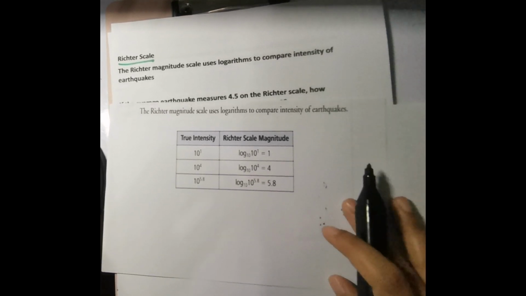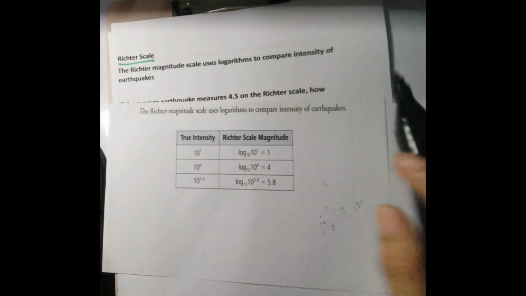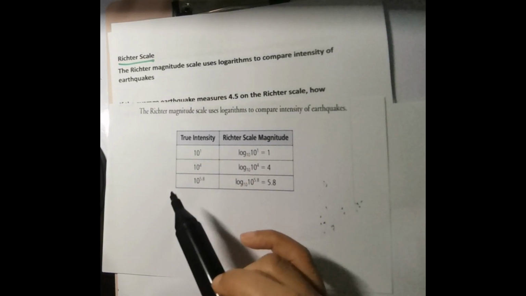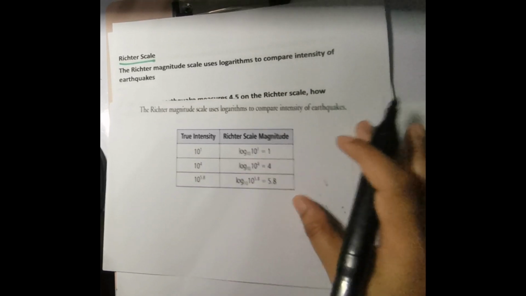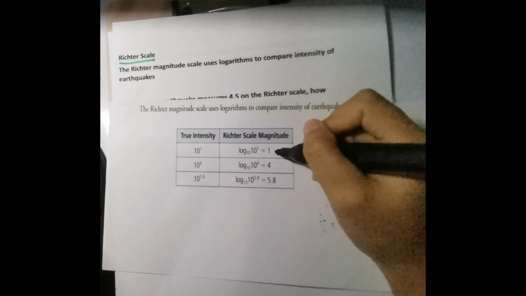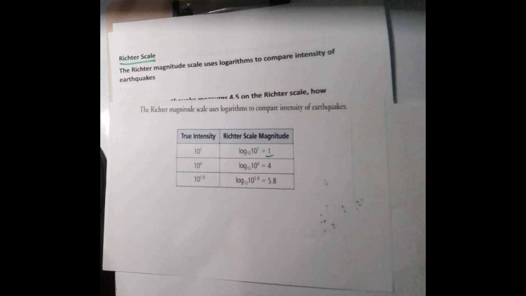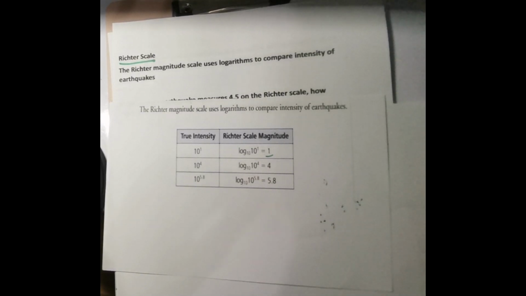You can see that we have the true intensity and the Richter scale magnitude, wherein 10 raised to 1 has log base 10 of 10 raised to 1 equal to 1. We have also 10 raised to 4, and in the Richter scale magnitude, log base 10 of 10 raised to 4 is equal to 4.